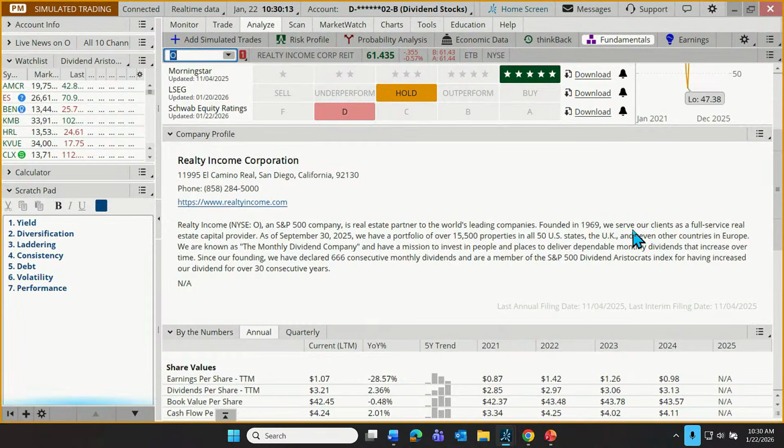Anyway, we serve our clients as a full-service real estate capital provider. But this will describe the kinds of properties they're in. They have 15,500 properties in all 50 US states, the UK, and 7 other countries in Europe. So pretty broad diversification. Now, I don't want this to sound like a sales pitch for this company.